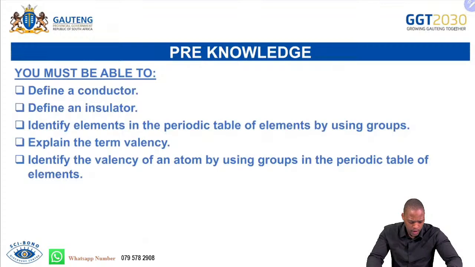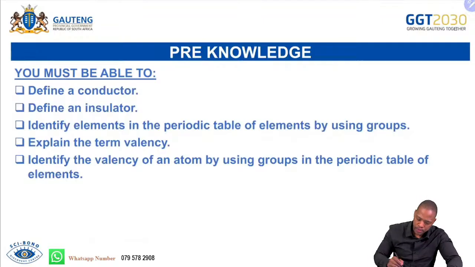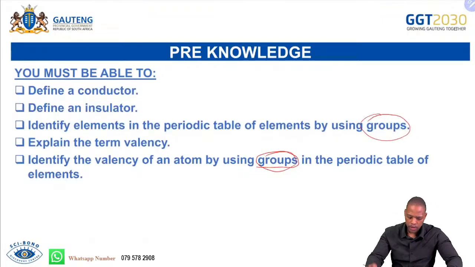We must be able to identify the valency of an atom by using groups in the periodic table, so knowing groups becomes very important.